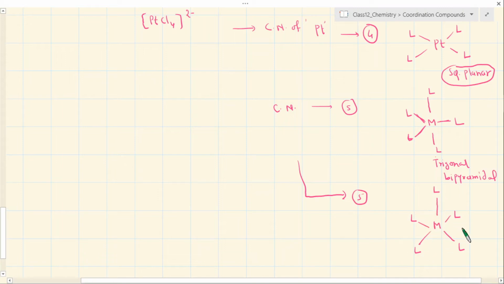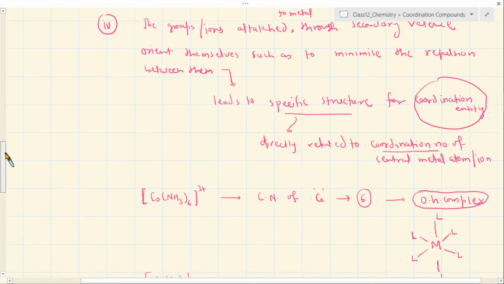If you connect all of them, this is like a square pyramidal, okay. So I am trying to establish that there is a direct relation between the coordination number of the central metal atom and the specific structure.